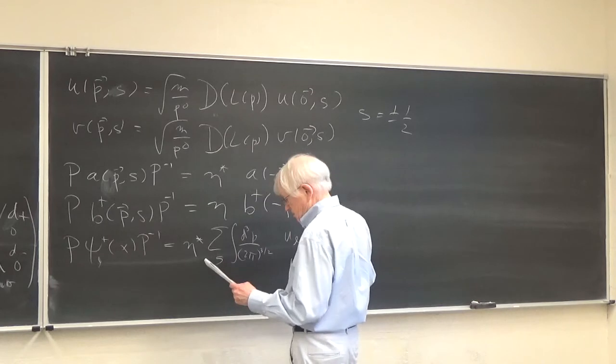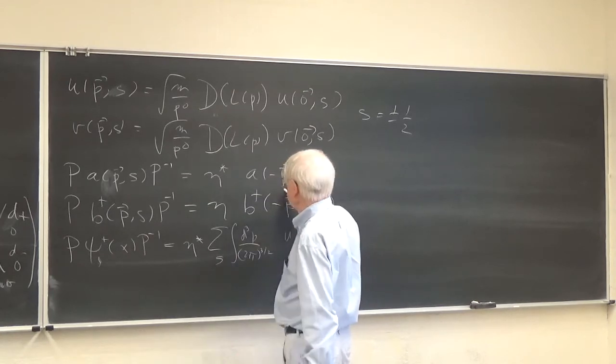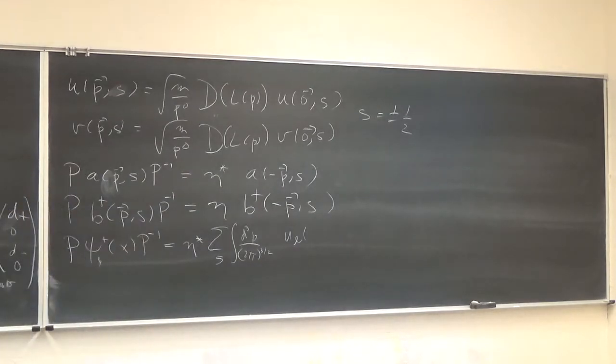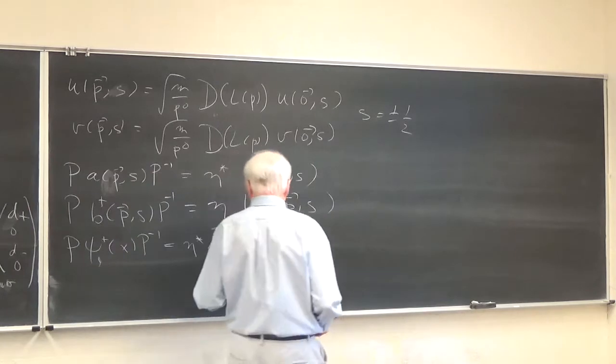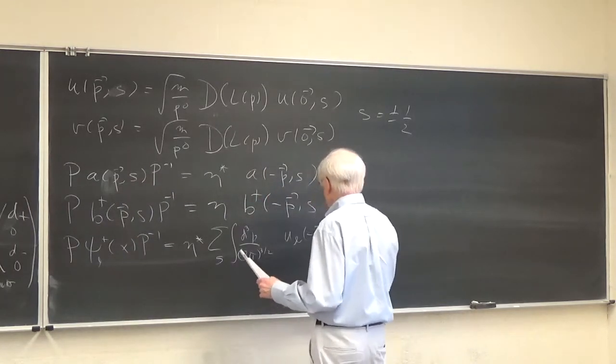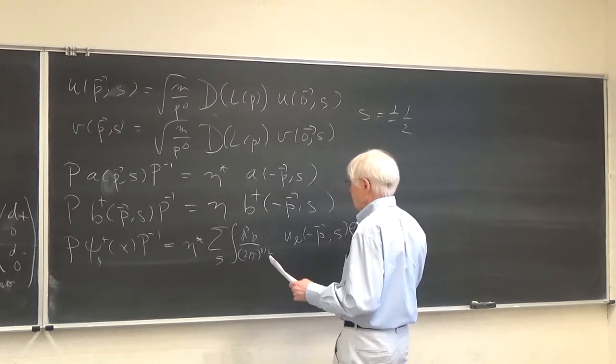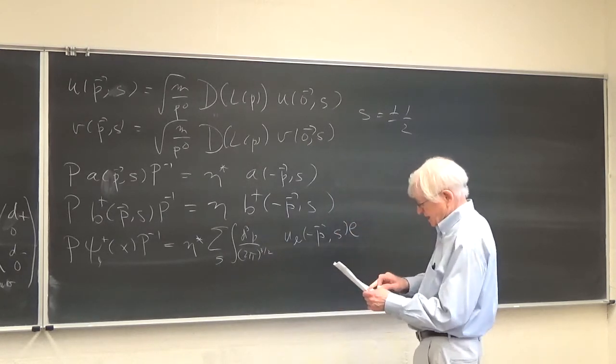Well, the a of p will be a of minus p, but then if you change p to minus p, you wind up with u of minus p, and then you can compensate in the exponential.